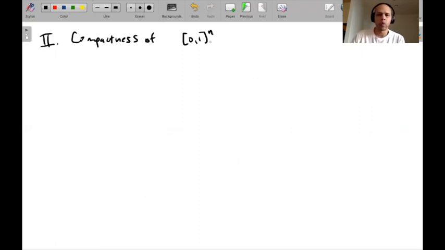Okay, so there's one main ingredient that I need to tell you about before we can start to discuss this result, which is called the onion ring theorem.